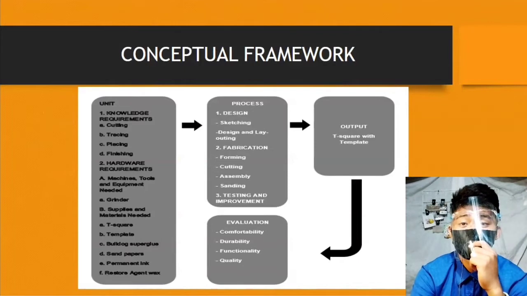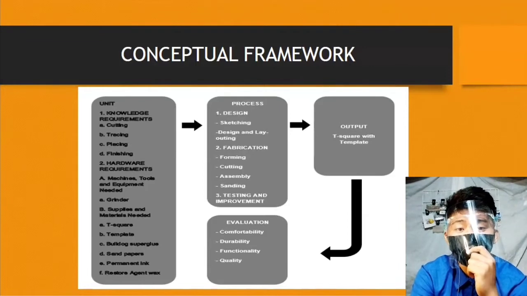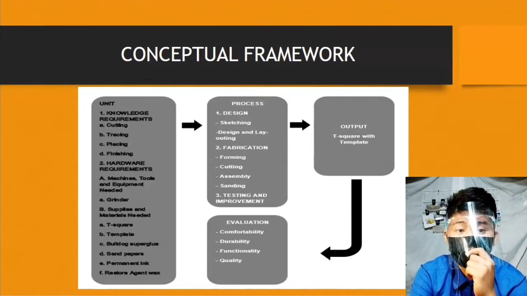And next is the conceptual framework. According to figure 1 in the box, the knowledge required is cutting, tracing, placing, and finishing. Equipment needed is a grinder. The supplies needed to build the prototype are T-square, template, bulldog superglue, sandpapers, and permanent ink. The researchers need to sketch their prototype by layouting the measurements needed in the prototype.